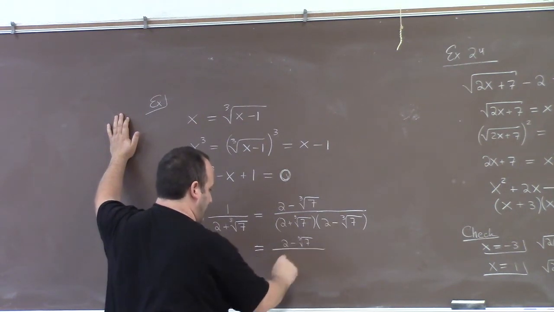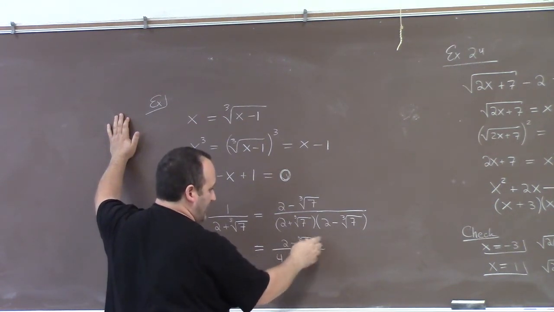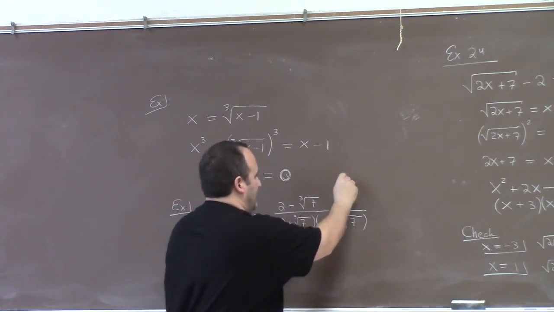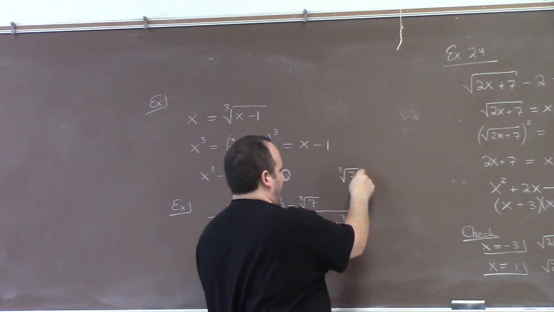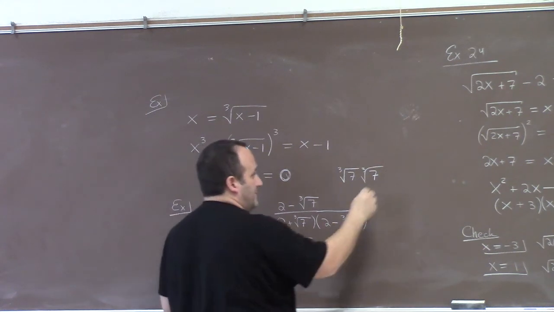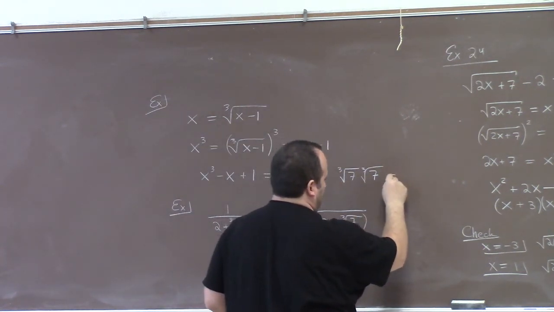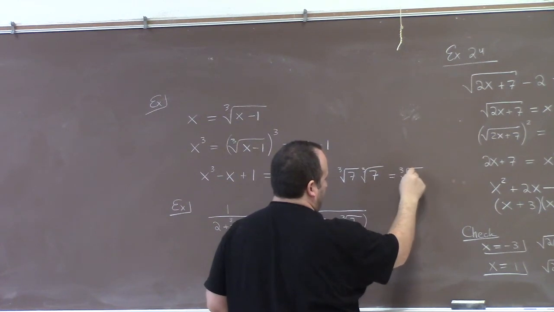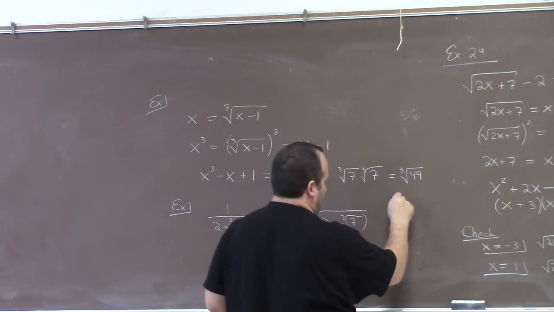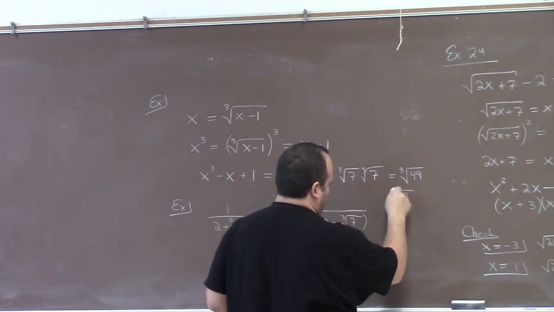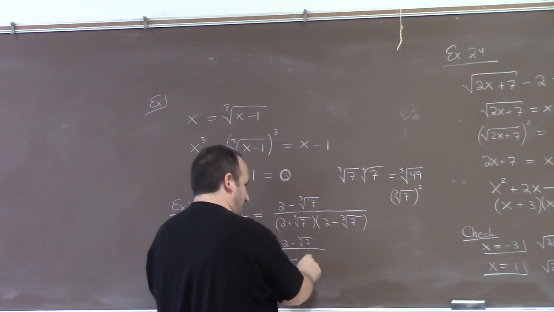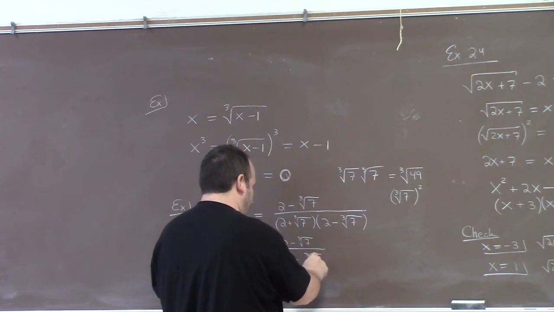You get a 4, and these cross terms cancel. But then what's the cube root of 7 times the cube root of 7? You can look at it a couple different ways. One thing is it's the cube root of 49. Another way to look at it is the cube root of 7 squared. But the larger point here is you haven't removed the radical, have you?